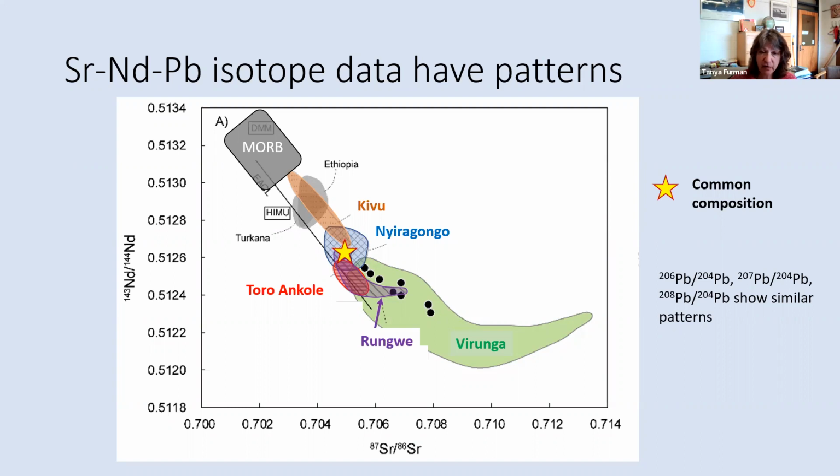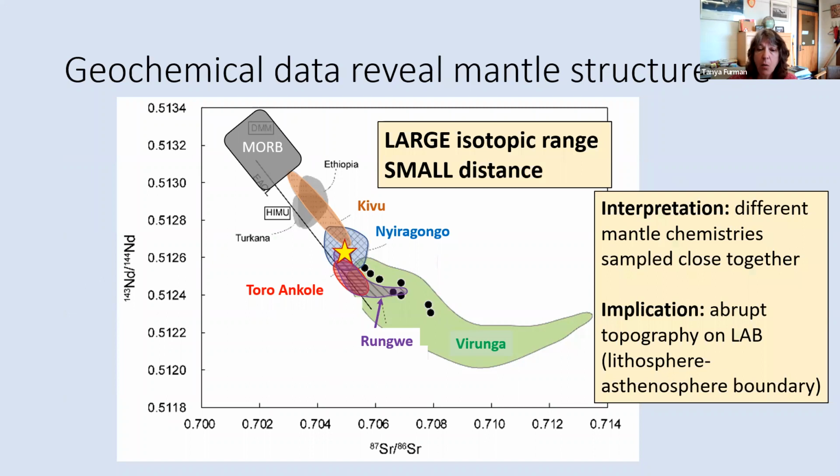You've got that yellow center of the bicycle wheel, and then in Kivu, a bicycle spoke leads you toward mid-ocean ridges, and in Rungwe and Toro Ankole and Virunga, the other bicycle spokes lead you in other crazy directions. What matters is that we see very, very large isotopic differences over tiny distances.